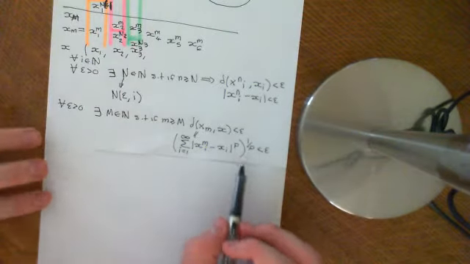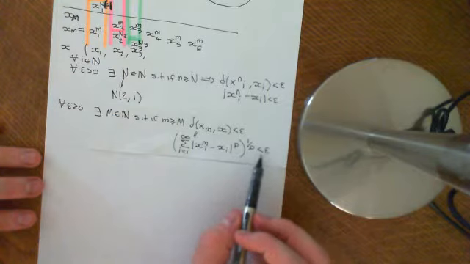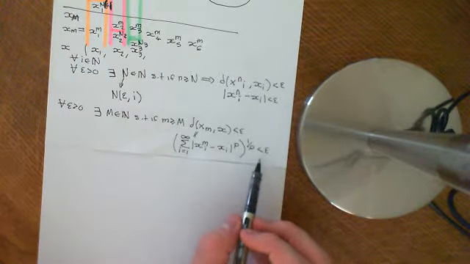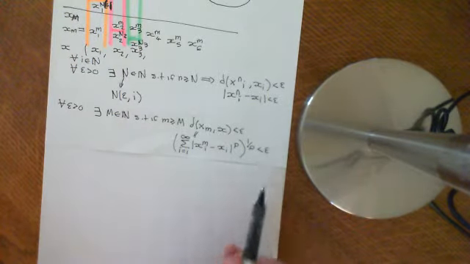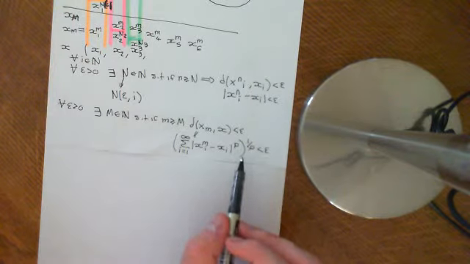Add them all up and do that to the power of 1 over p. That needs to be less than epsilon. Right. Okay, so that's a difficult thing to request.